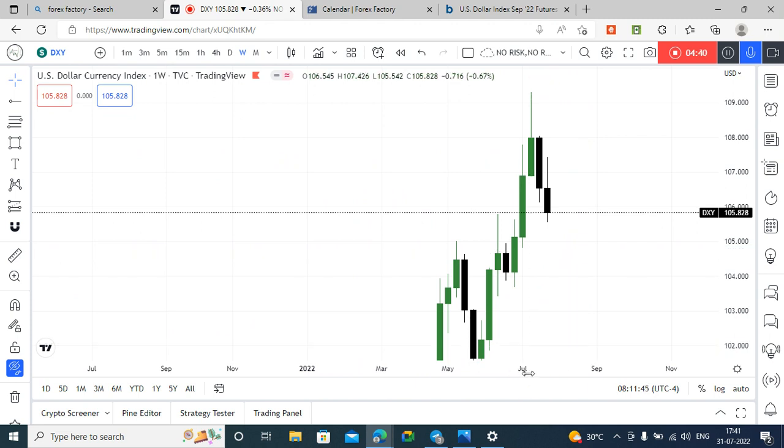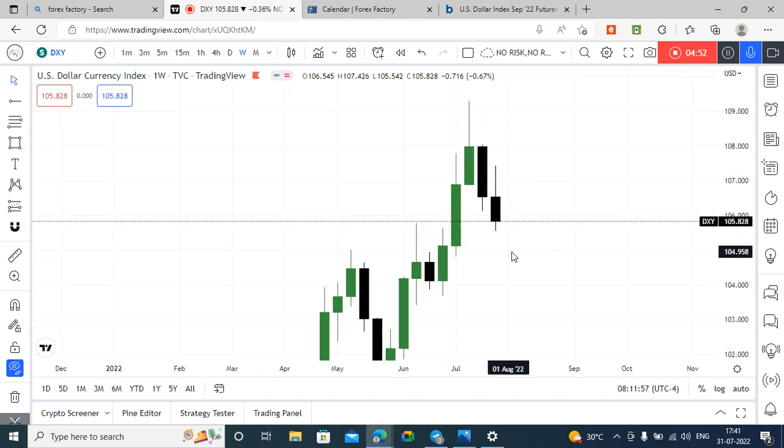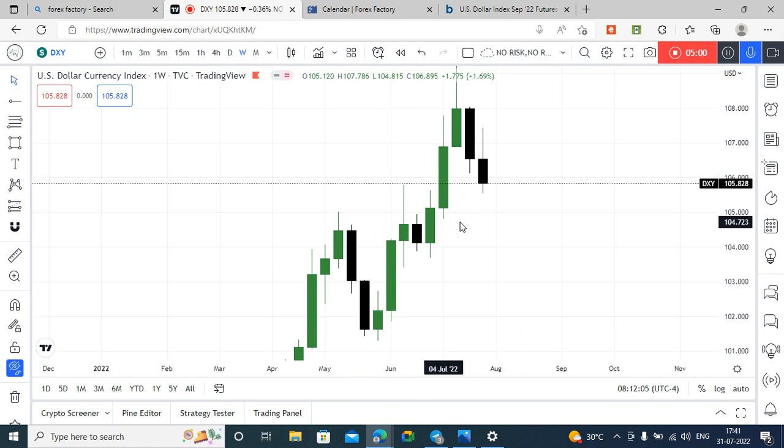If you see the weekly chart, price has now filled this imbalance, which is buy side imbalance, sell side inefficiency. Price maybe in the coming weeks will come to this order block level or this breaker level.